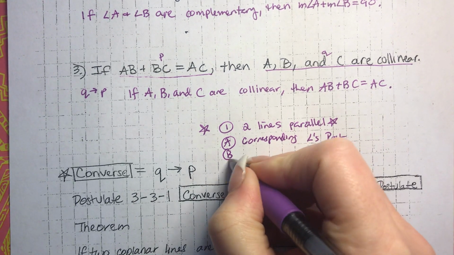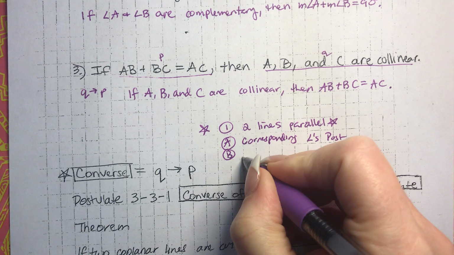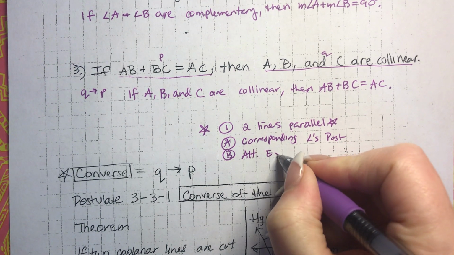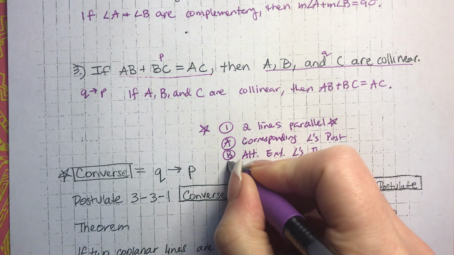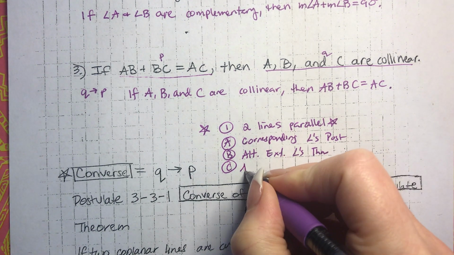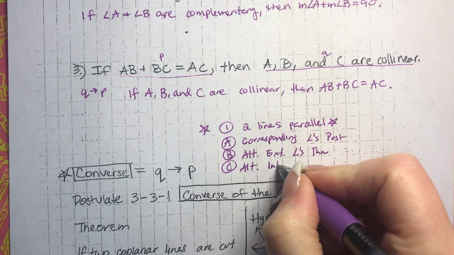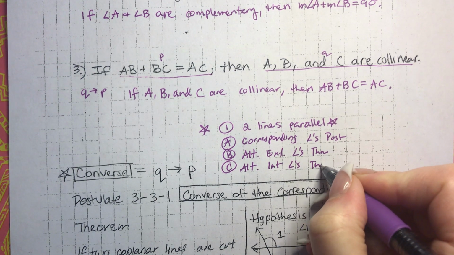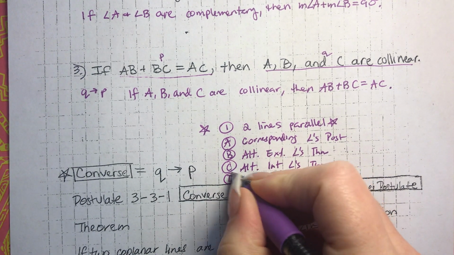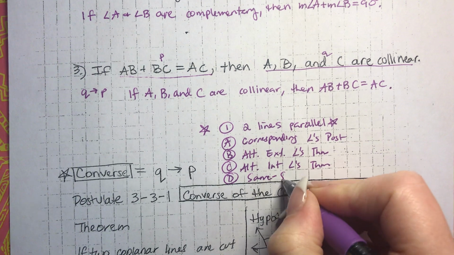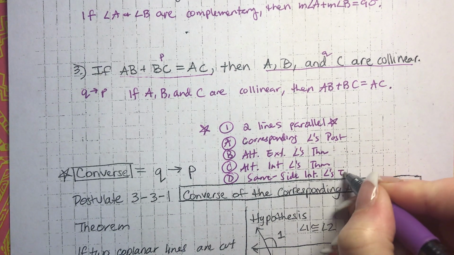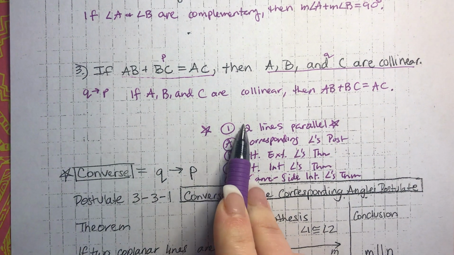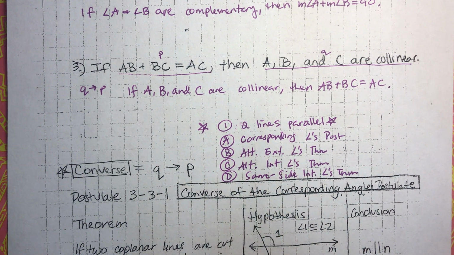We could apply the alternate exterior angles theorem. We could apply the alternate interior angles theorem. And lastly, we could apply the same side interior angles theorem. But it was all based on the fact that these 2 lines are parallel.